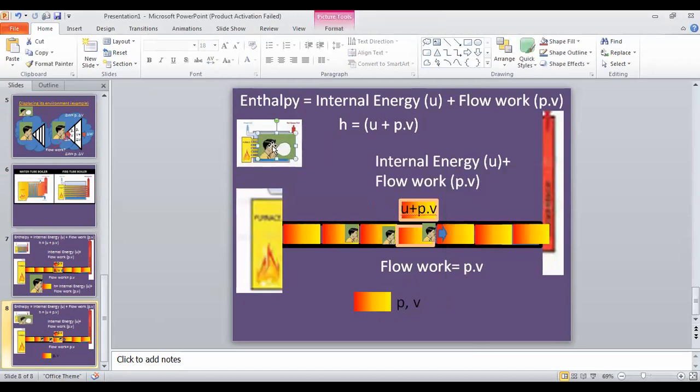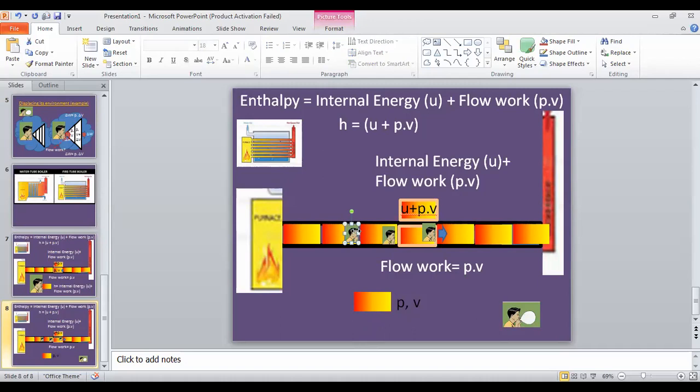I think the best way is to see this being pushed here. This push is flow work. So then it pushes.